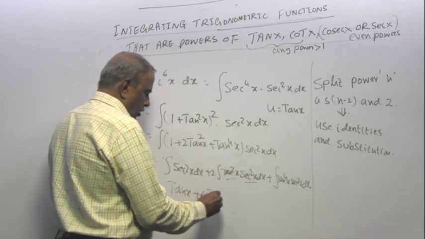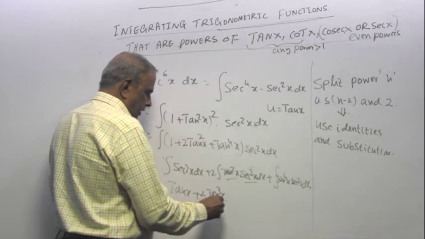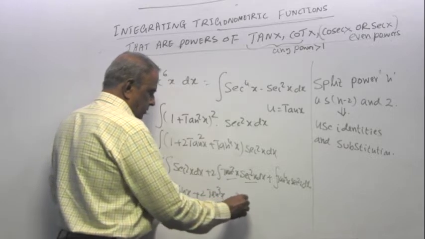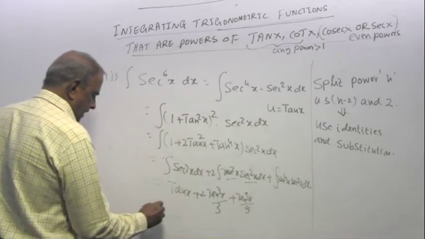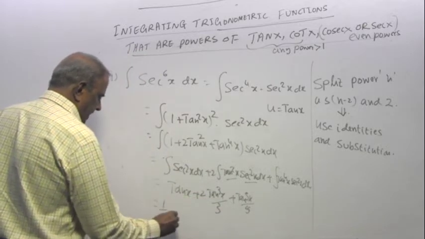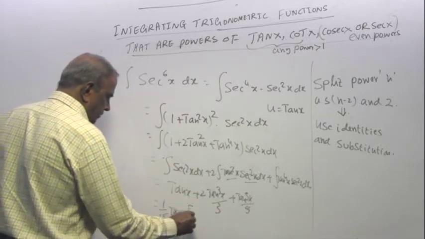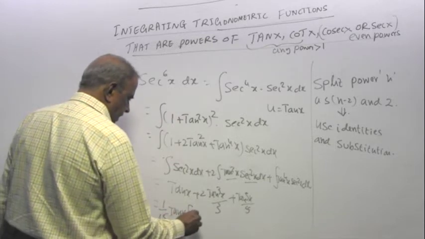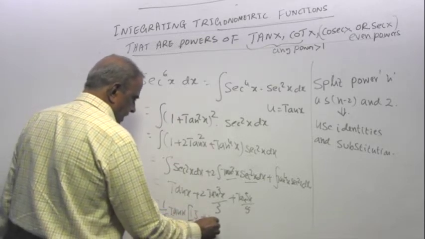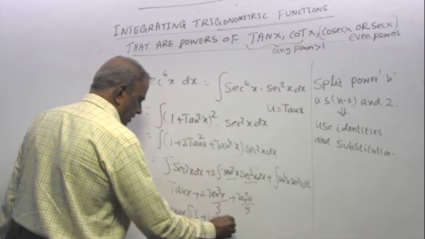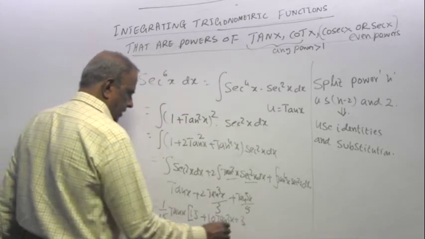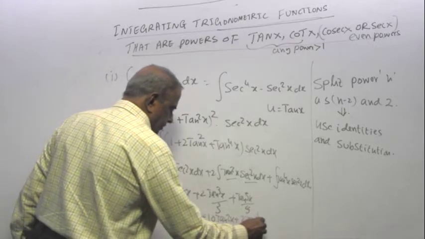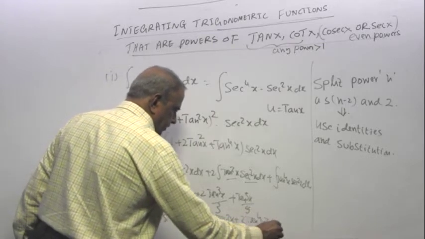So 2 tan cube x over 3 plus tan power 5x over 5. I can take 1 over 15 tan x as a common factor. I get 15 plus 10 tan squared x plus 3 tan power 4x, plus c.